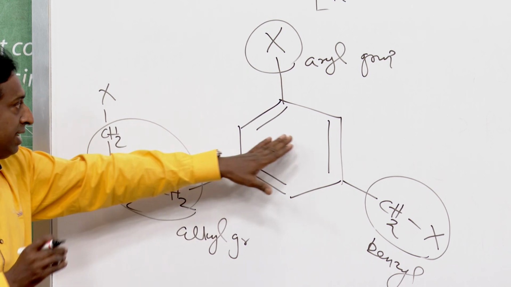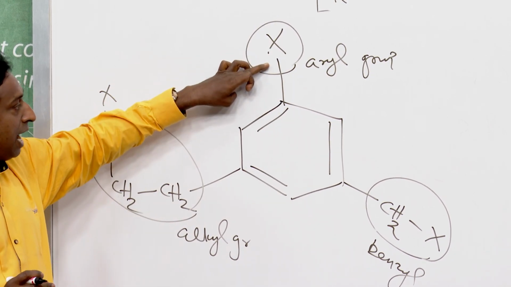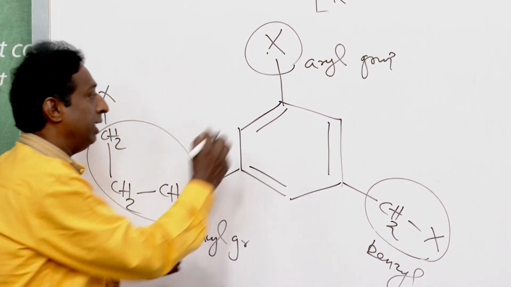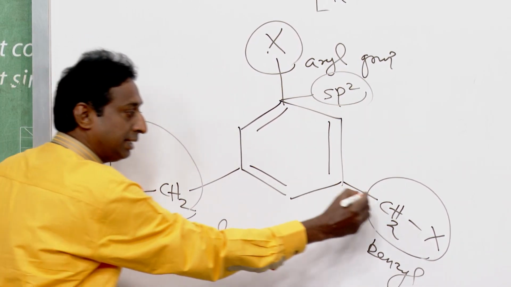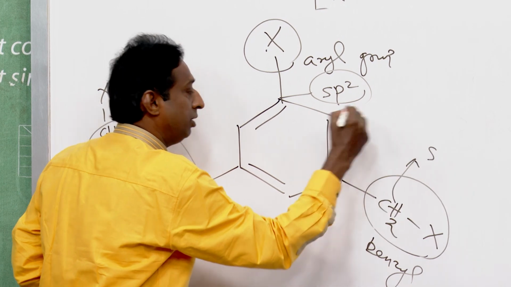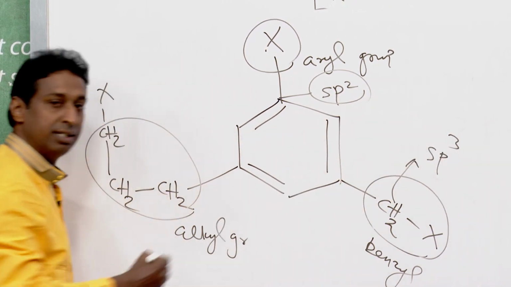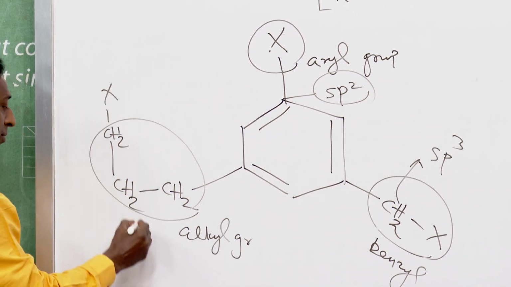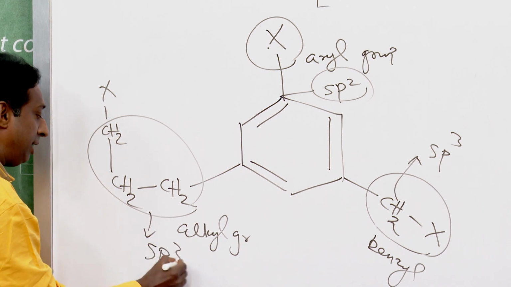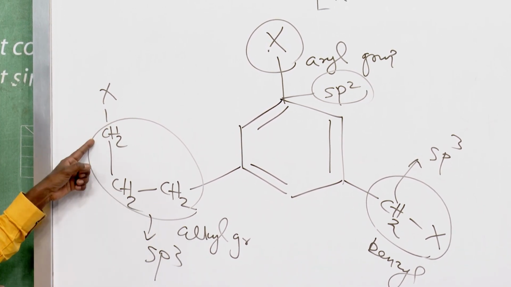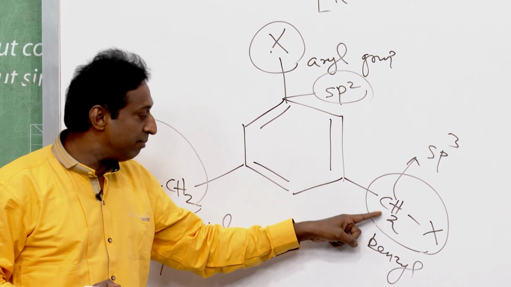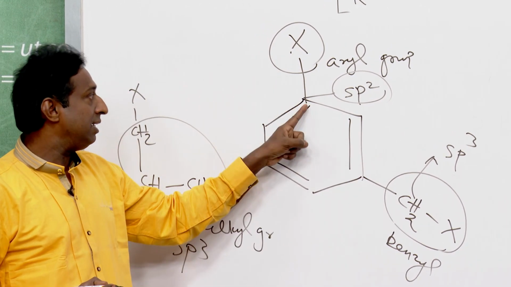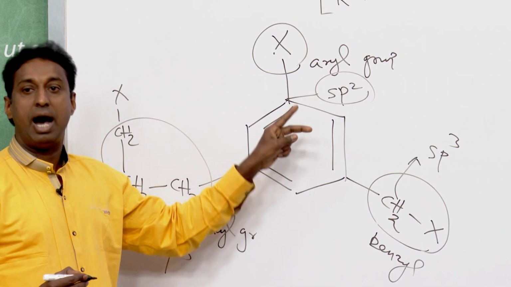So with benzene, the directly attached halogen carbon is sp2 hybridized, and in the others all these carbons are sp3 hybridized. In a long chain alkyl group, only a single carbon outside benzene is the benzyl group, and a directly attached halogen is your aryl group.